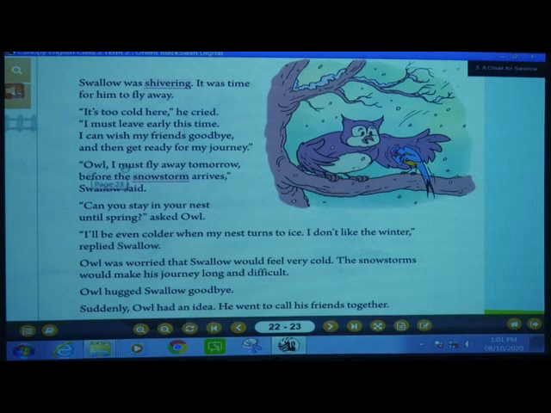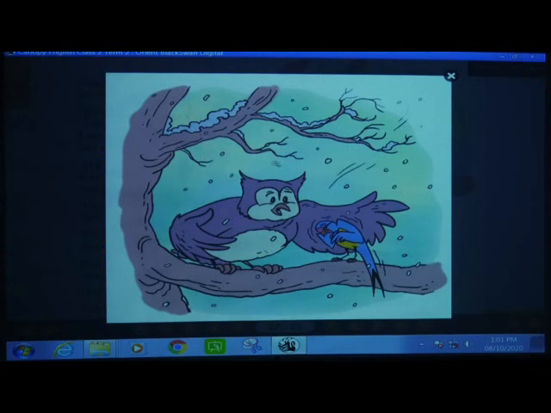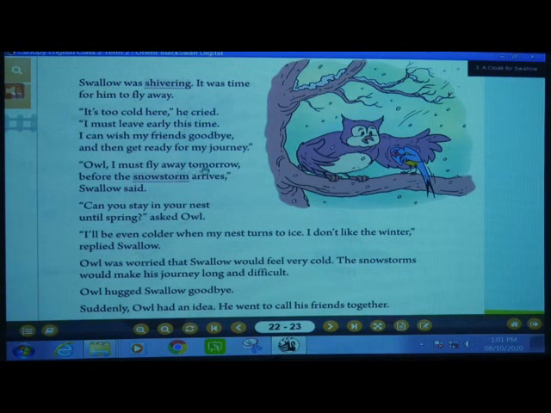Owl, I must fly away tomorrow before the snowstorm arrives, swallow said. So now what swallow said? Now swallow is telling the owl, I must fly away tomorrow. Now they both are discussing. What are both of them discussing? What swallow is telling here?